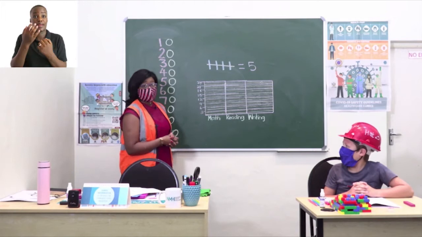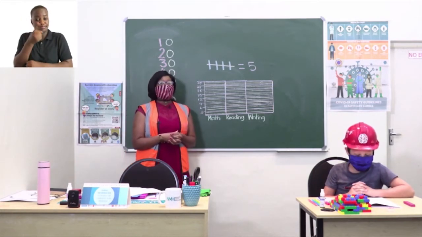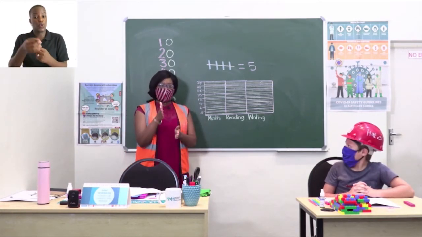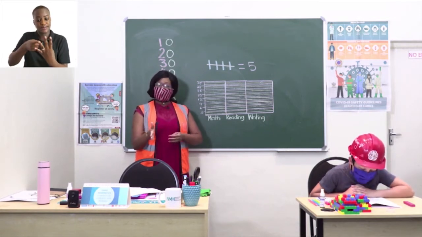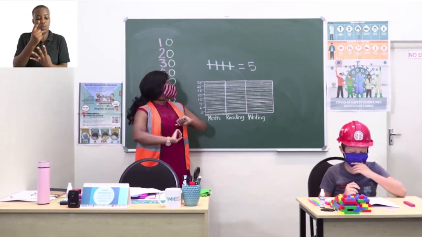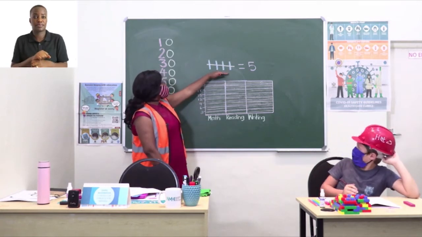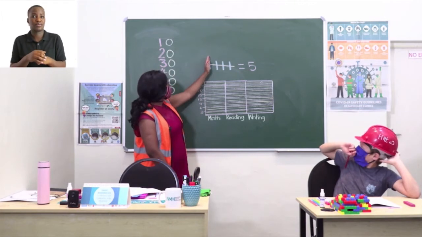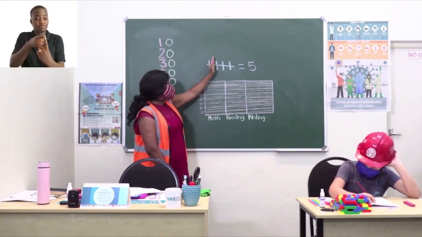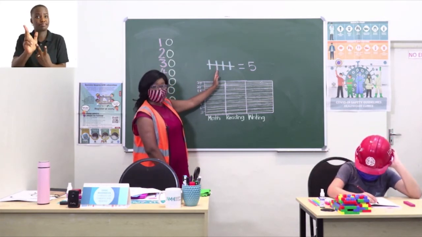Now when we are counting, when we're doing a tally chart, we use sticks or lines. Each line will be representing one person. If we look at the board, we have an example of what one person would look like. This is one person. This is also another person.